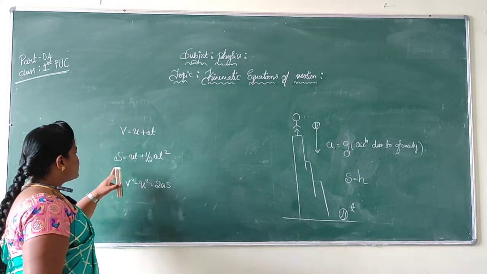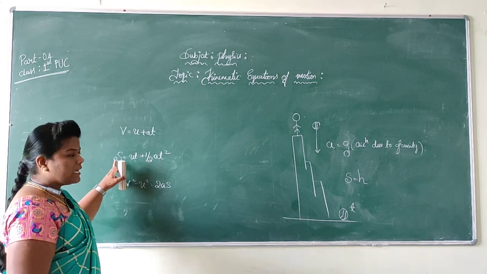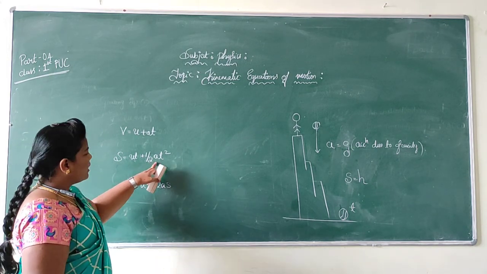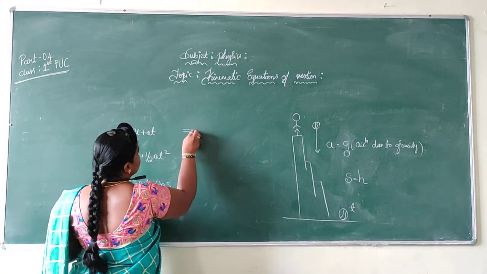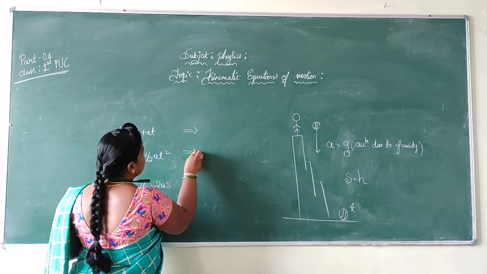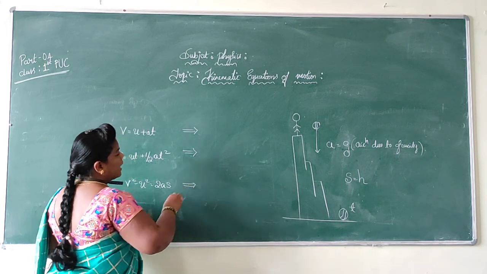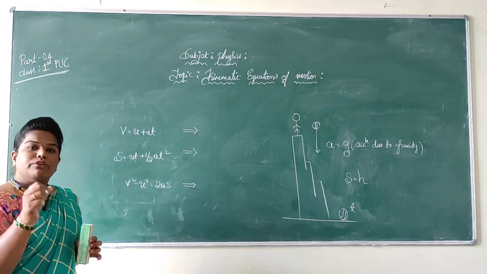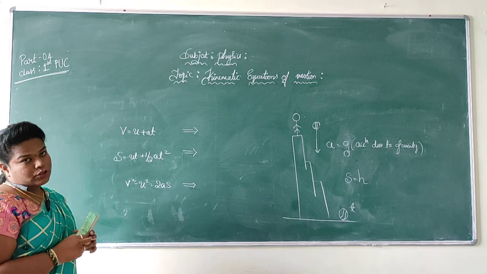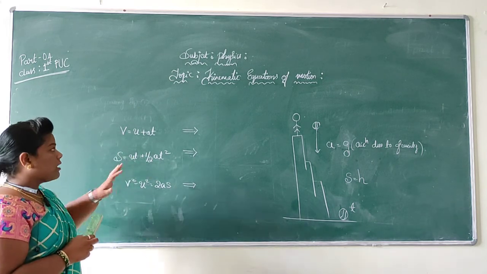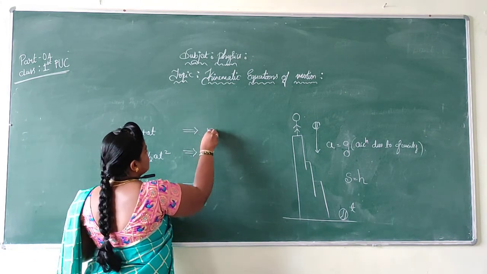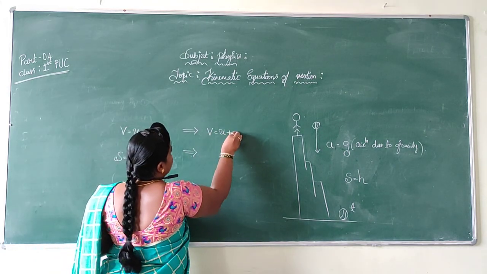So now, in these equations, I am going to replace s by h and a by g. Let us see these equations of motion for an object under free fall. It means the objects which are falling under the action of gravity. For those objects, the equations of motion turn out to be in this way, that is v is equal to u plus gt.